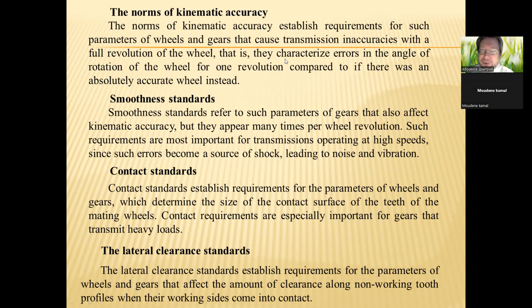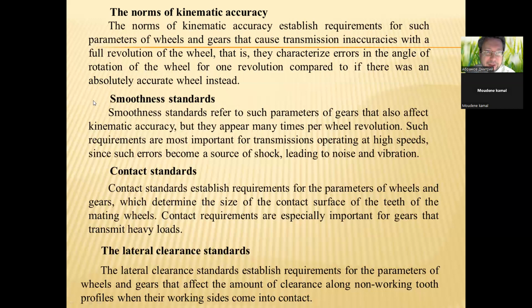And when they are rotating, then we will have errors in the angle of rotation compared to an absolutely accurate wheel. If we use absolutely accurate wheels, we don't have the errors in angle, but we use wheels that have errors. So we have errors in the angle of rotation.